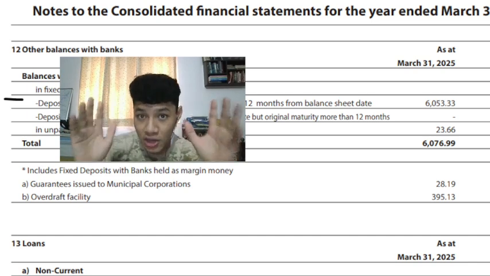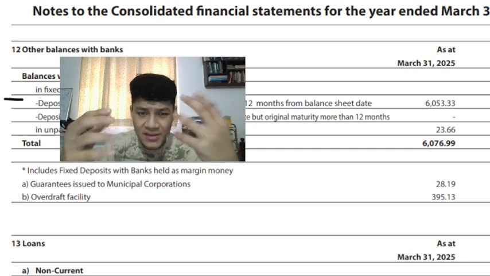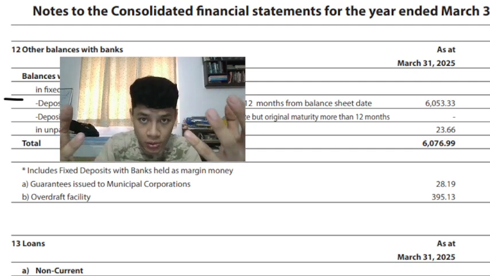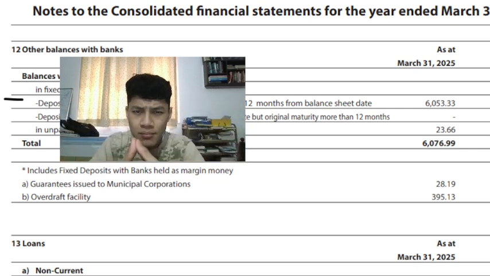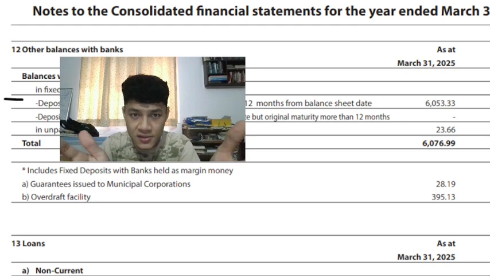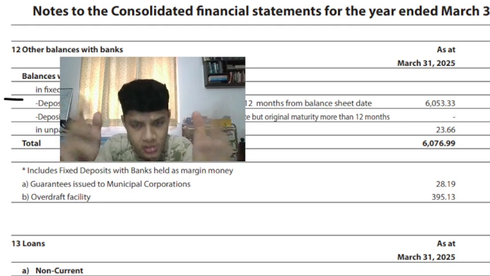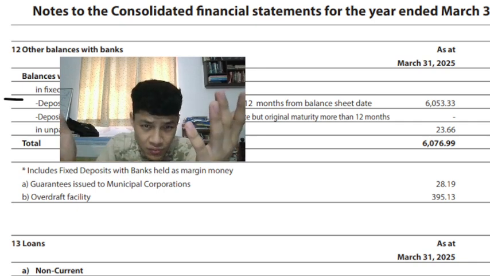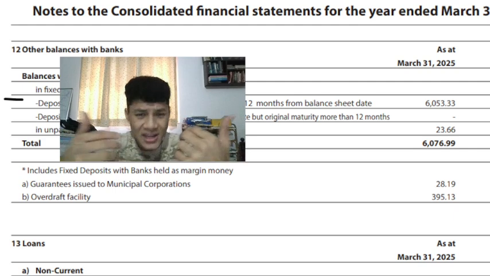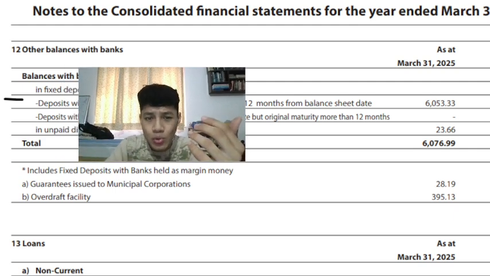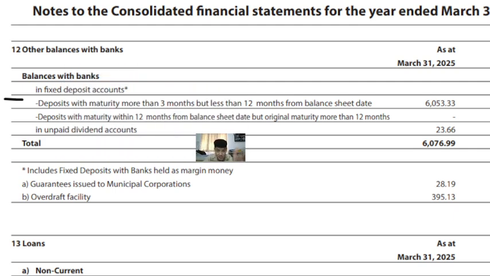Because it is held as margin money. Basically, the bank is holding this cash as security collateral for maybe some obligation of Cybertech Systems. Maybe they took a short-term loan or overdraft facility from the bank, so the bank holds this as collateral in case they don't pay.